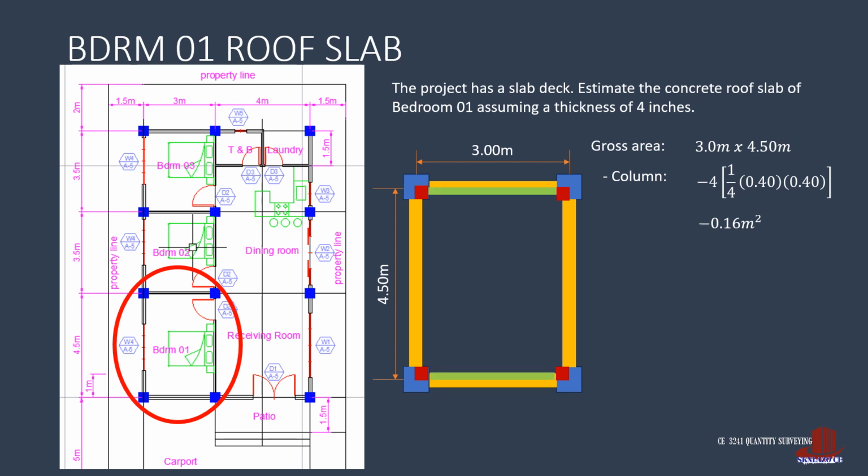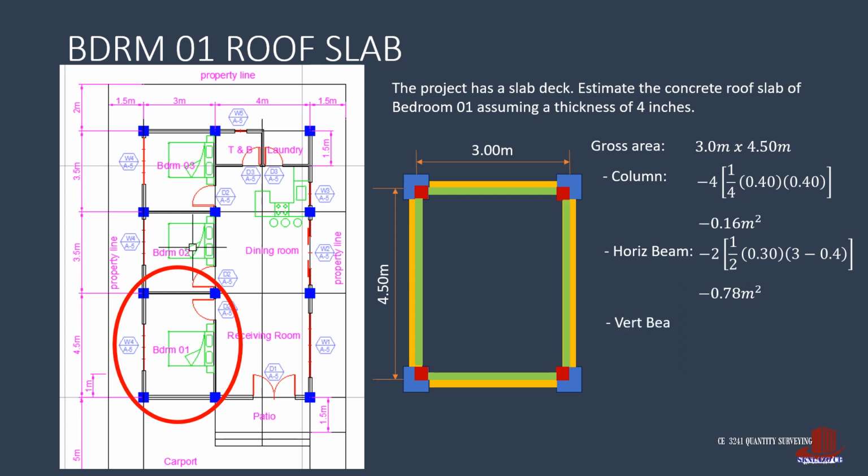The next member to take out is the overlap beam. Start with the horizontal beams where there are 2 units of half of the beam area. This is twice of half of 0.3 times the length of the beam, which is 3 meters, minus twice of half of the columns. The area for the horizontal beams is 0.78 square meters. For the vertical beams, do the same procedure.